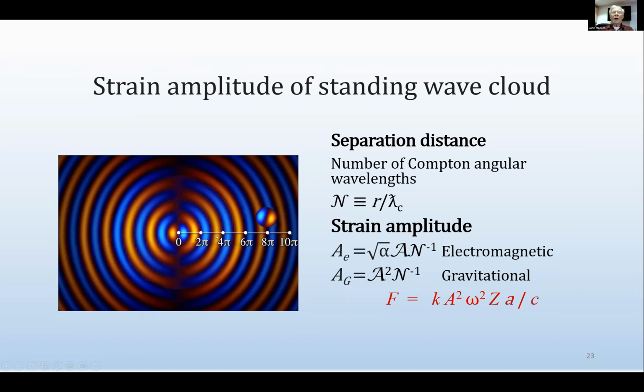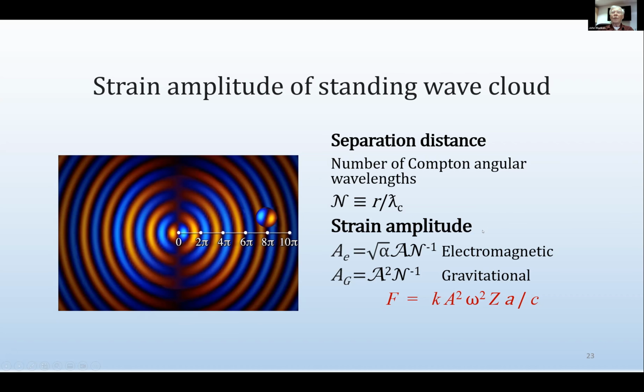So in this example, I have the second electron core 4 complete Compton wavelengths from the first, or 8 pi Compton angular wavelengths from the first. I'm going to be dealing with distance not in the number of meters, but the number of Compton angular wavelengths. I'm defining the number with this script n. If you take the radial distance divided by the Compton angular wavelength, you get what this distance is in the number of wavelengths.